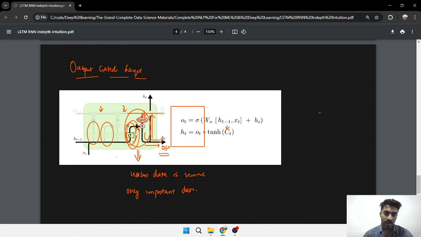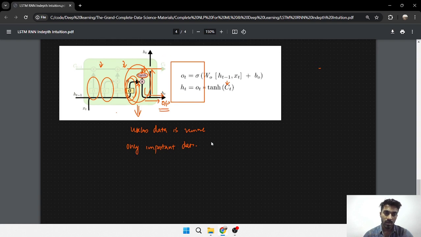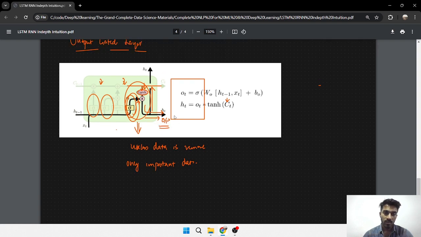This is known as the output gate layer. We give two outputs to this second layer: the below one and the upper one. The below one is the context vector for short-term memory, and the upper one is the long-term dependency context vector.